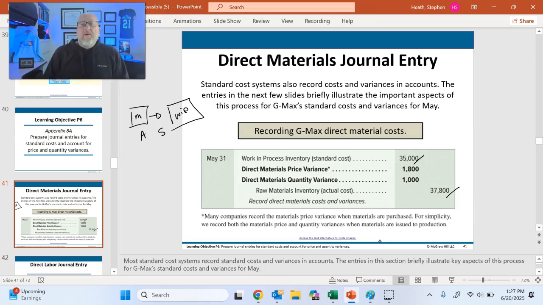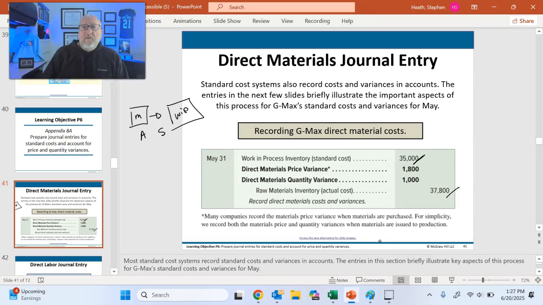Okay. And so if we're thinking that we're going to make, I don't know, 1,000 units and each unit we think should cost us $35, that's how we come up with the 35,000. It is the standard cost.